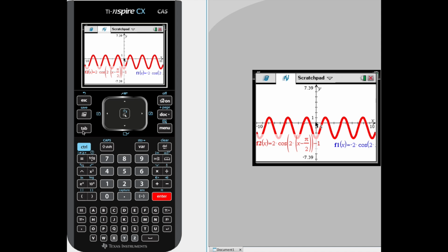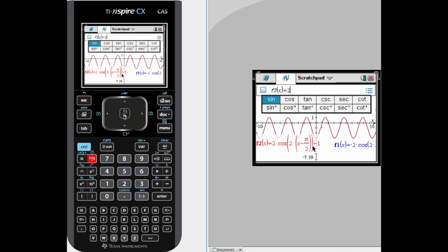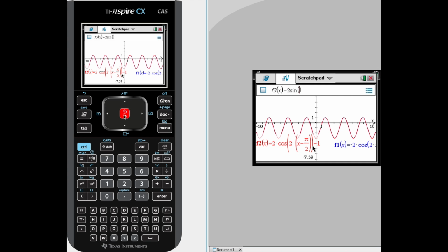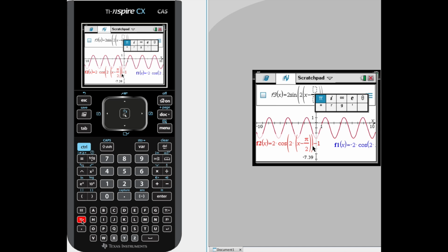And our final version, tab, 2 sine of 2 parentheses, whoops, x minus pi over 4 is going to be then subtracted by 1, and voila, let's hope.